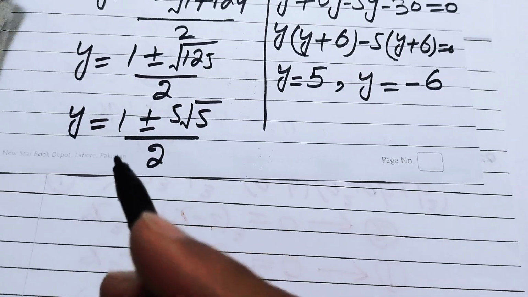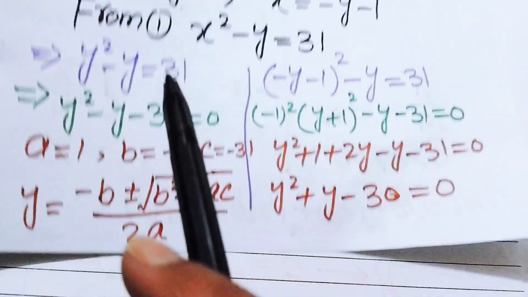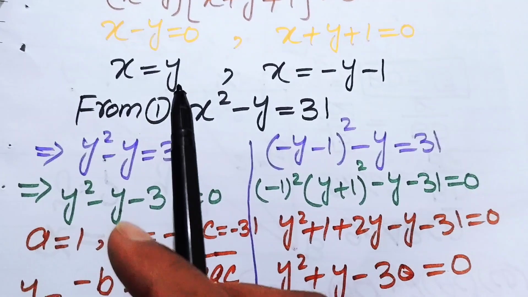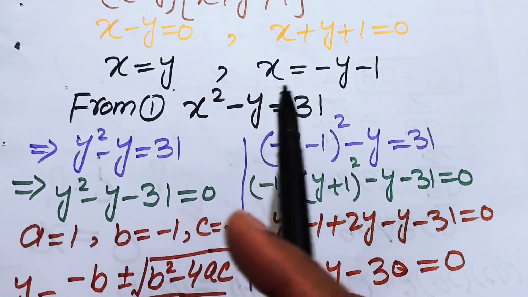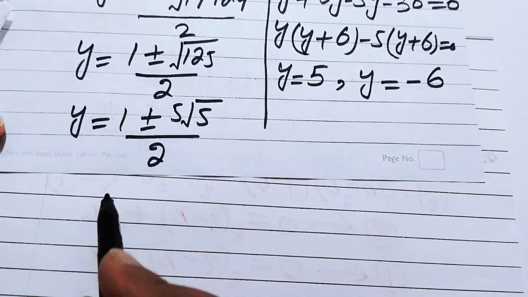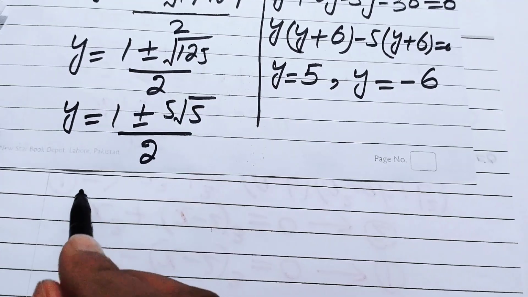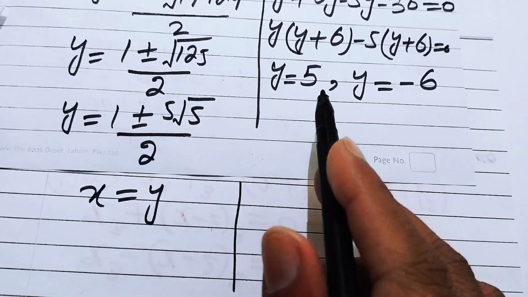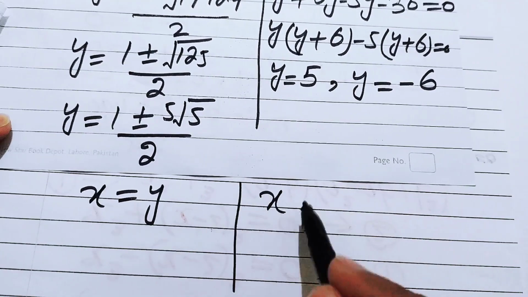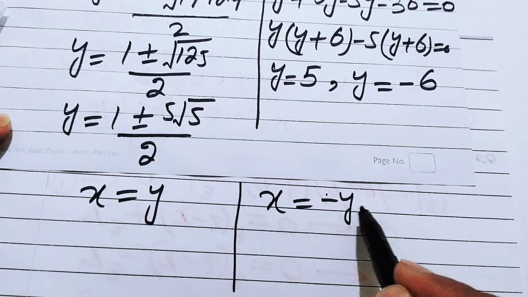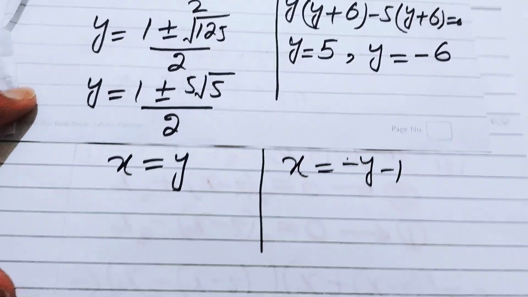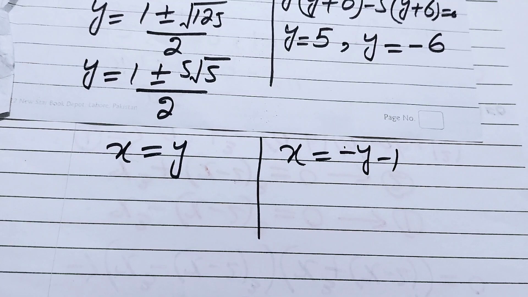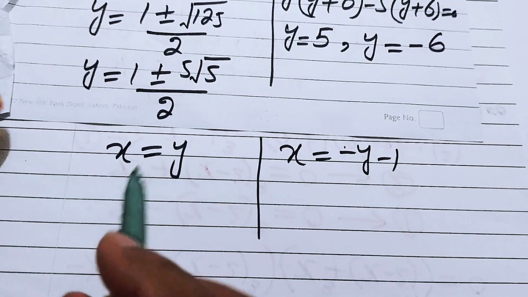So if you see here, in the first case we have x equals to y, and in the second case we have x equals to minus y minus 1. So now we again write this term here. So in this case we have x equals to y, and in this case we have x equals to minus y minus 1. So now we back substitute the values of y and we get the value of x.